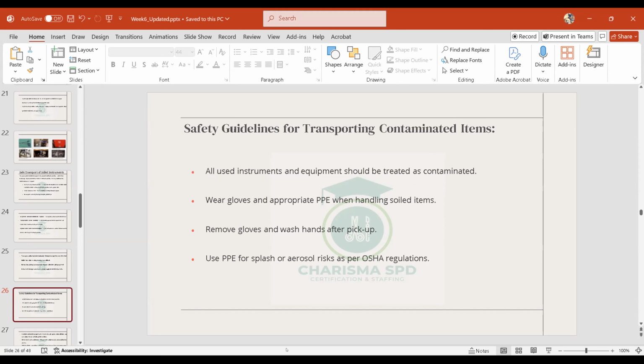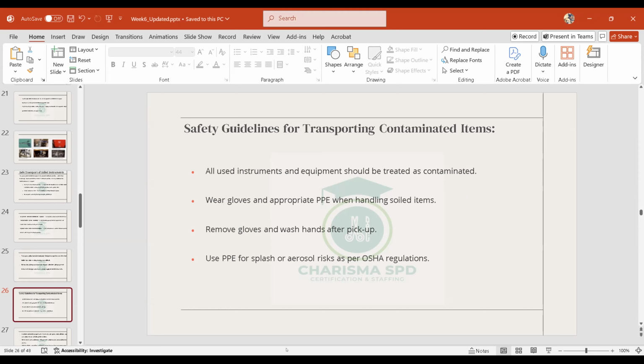And for you to touch them, you must be in your appropriate PPE, and you can only touch them with your hands, so you must have gloves. Wear gloves and appropriate PPE. Remove gloves and wash your hands.